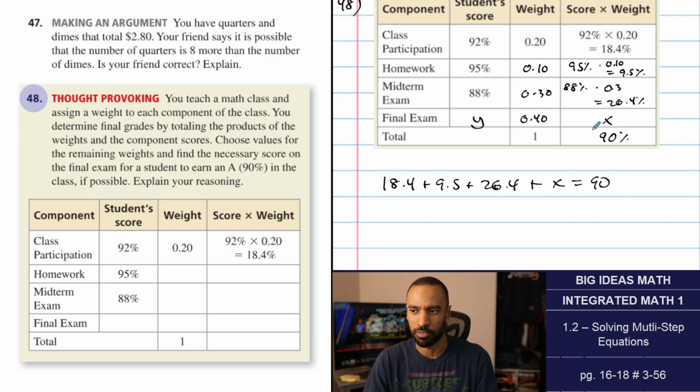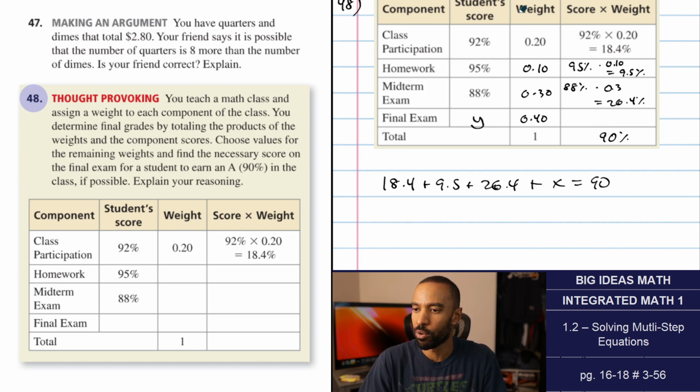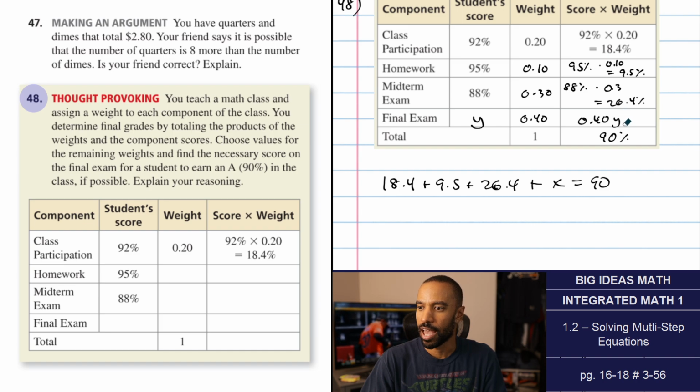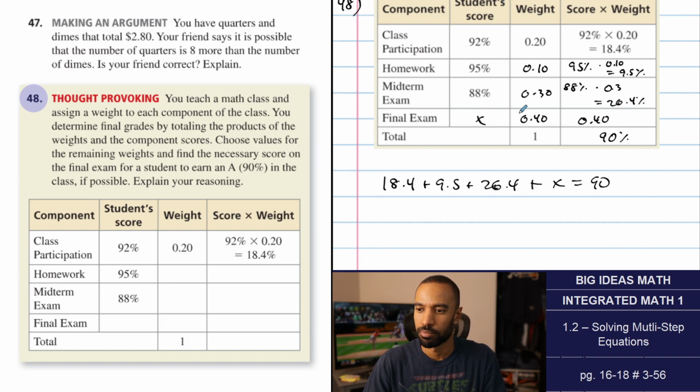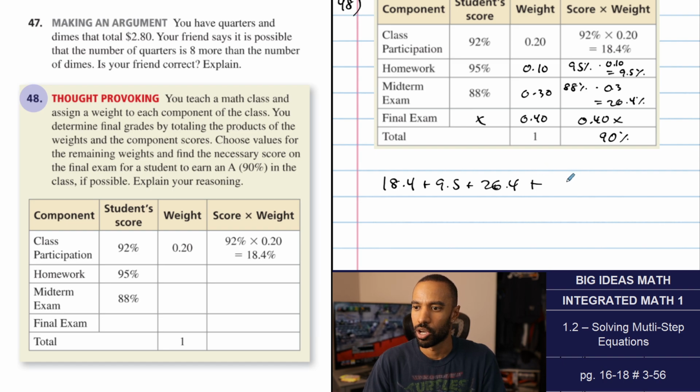I'd write things a little bit differently here. Oh, you know what I could do? I take this back. We could just do 0.40 times Y. That's how I would do this here. So instead of X, actually let's call this an X. Sorry about that. This is totally how I do the problem. I wouldn't separate it into two different parts like this.